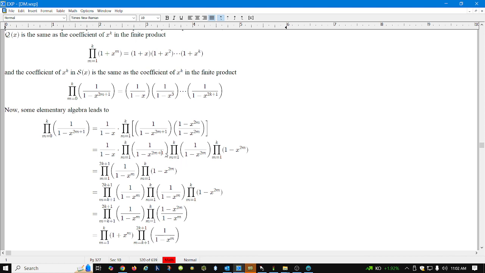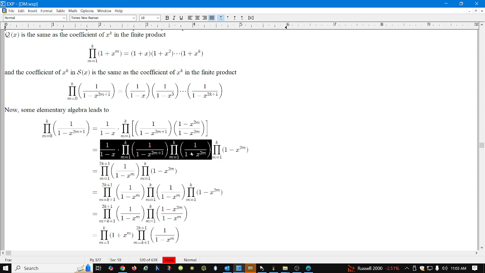And so these exponents are odd. These exponents are even starting at 2. So if we just look at denominators and we collect all this together, we're going to have 1 over 1 minus x squared, then x cubed, all the way up to x to the k. This is 1 over 1 minus x to the 1.